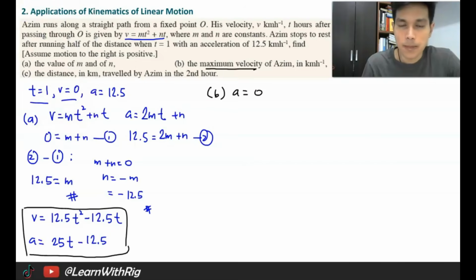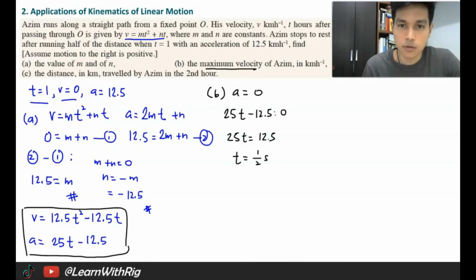So now a equals 0, right? So 25t minus 12.5 equals 0. So 25t equals 12.5. t is equal to 12.5 divided by 25, which is 1/2 seconds. So your maximum velocity happens when t equals 1/2.